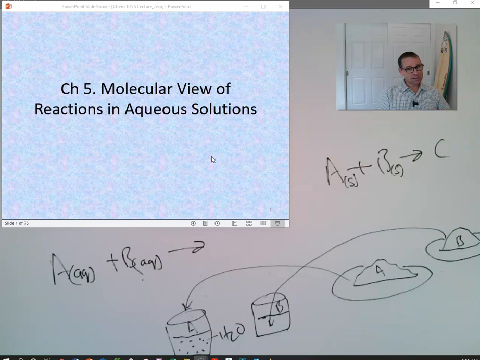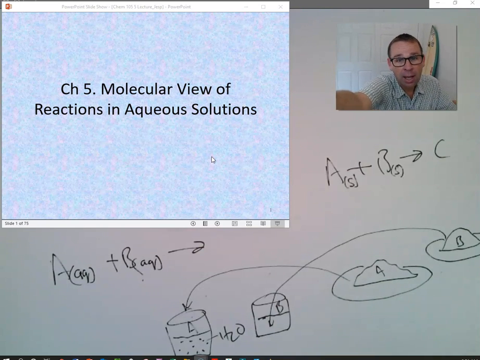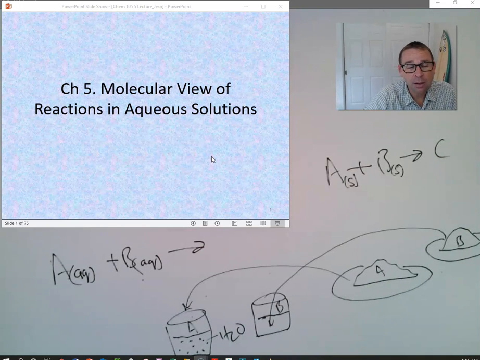So that means chemistry occurs much easier if we have things in aqueous solutions. So our first kind of chemical reaction that we're going to introduce to you has the chemicals dissolved in water. And that's what this says here. Reactions in aqueous solutions.